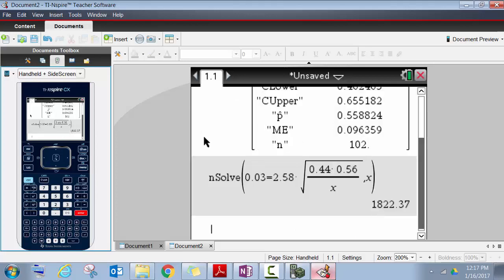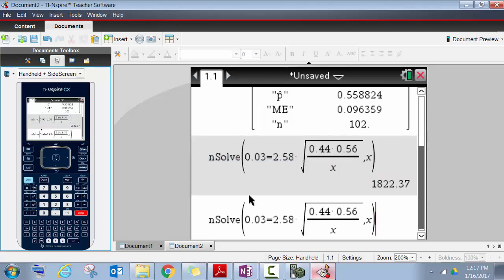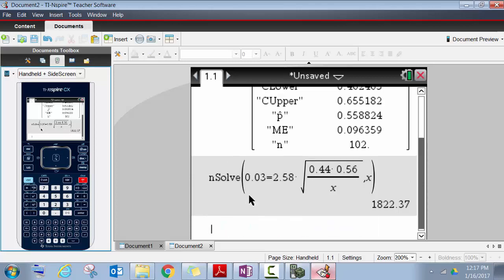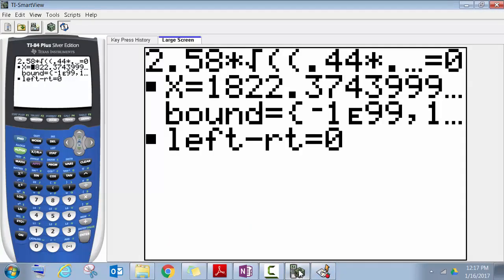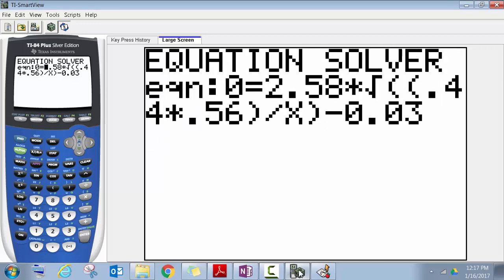And we get the same number. And then the nice thing about both of these, I can arrow up, hit enter, and then just plug in new numbers when a new problem comes up. The 84, this is still saved in here, so we just have to change the numbers. So we'll do that for the next problem.